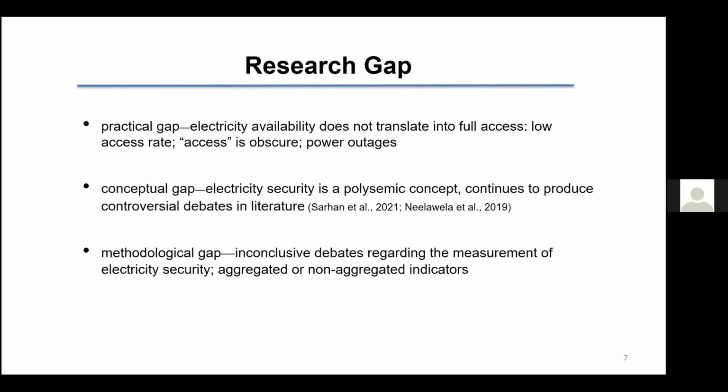So sometimes when you talk about how we become secure in terms of electricity, there are those scholars who have argued that the focus should be at the macro level. Look at what China is doing.